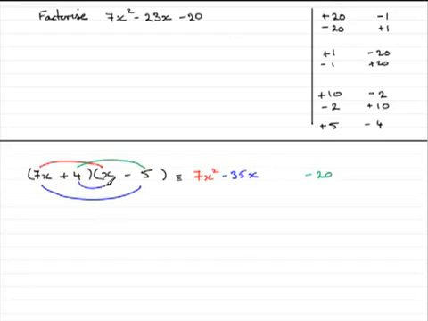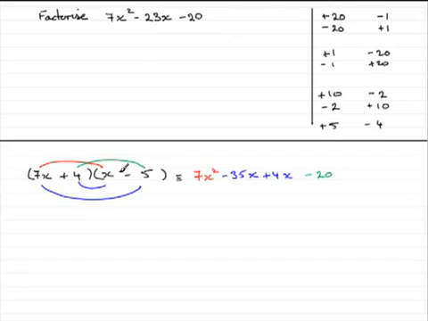And 4 times x is going to be plus 4x. So this is giving us minus 31x. As I've said before, if we were to switch the signs, instead of getting minus 31x, all that would happen is we'd get plus 31x. So it's no good switching the signs. We haven't got our target number in the middle of minus 23.